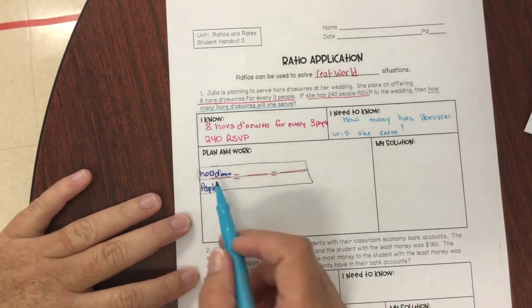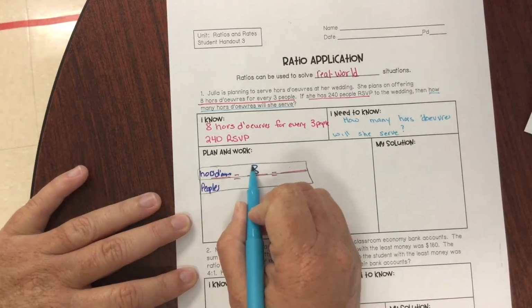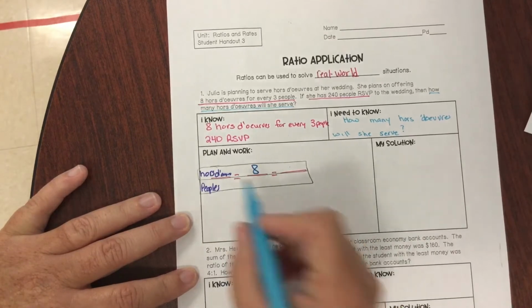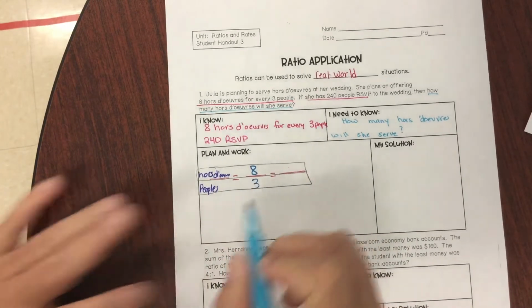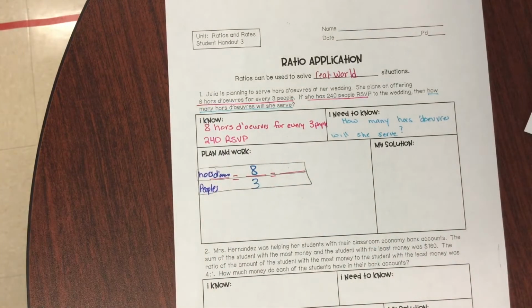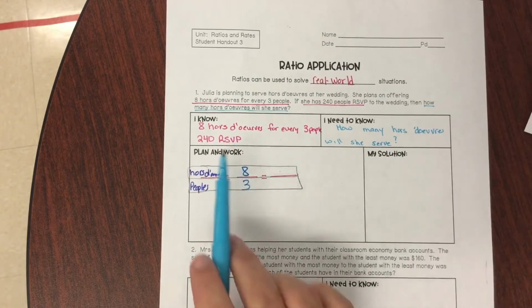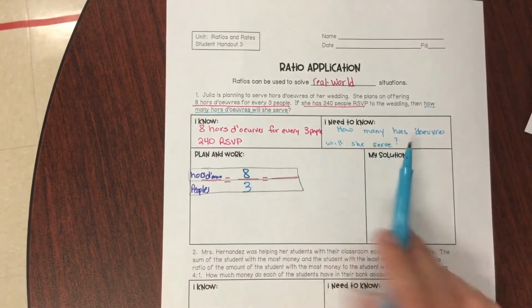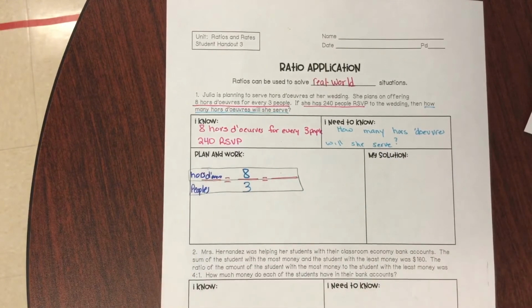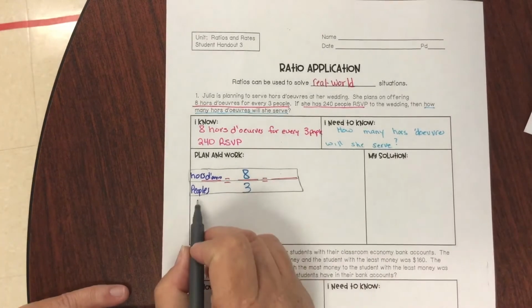Because it's dealing with hors d'oeuvres, right? And then the 3 is going to go on the bottom because it's dealing with people. Everybody with me so far? All right. But I need to know how many hors d'oeuvres I'm going to be needing for 240 people. Where is that 240 going to go? On the bottom. Very good. Because it's dealing with people.